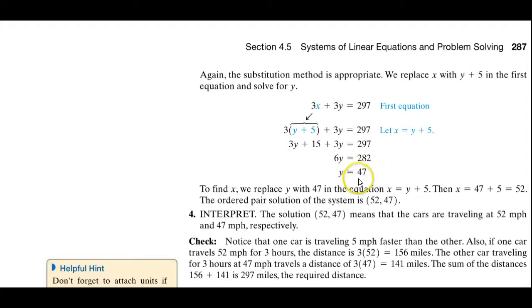So if y is 47, what is x? Well, 47 plus 5. That would be 52. So the ordered pair is this, but the interpretation is that one car travels at 52 miles per hour and the other at 47.